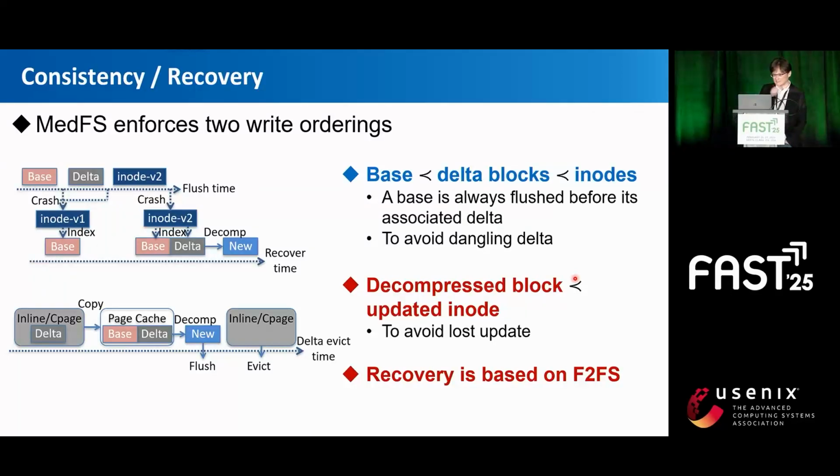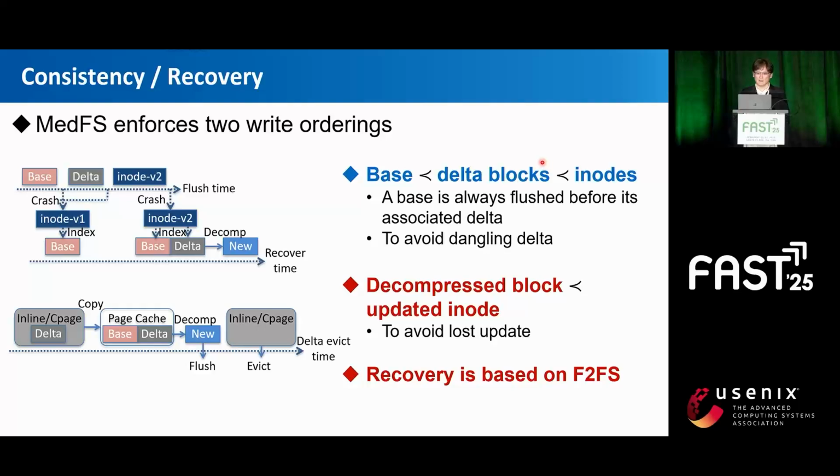Once again, you can check the paper for details. So now this is consistency and recovery. Because our approach introduced base blocks and deltas, we must enforce a new write ordering. There are 2 rules here, and let me explain the first. For the first rule, the base block must be written before delta blocks. Written means persisted, flushed to storage.